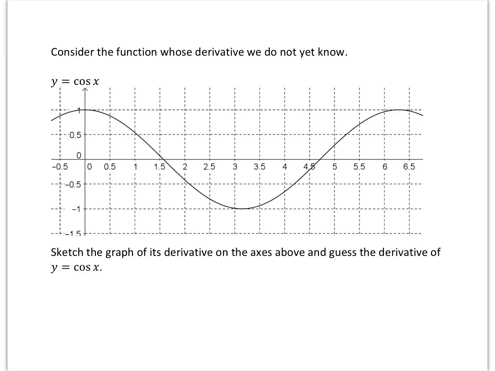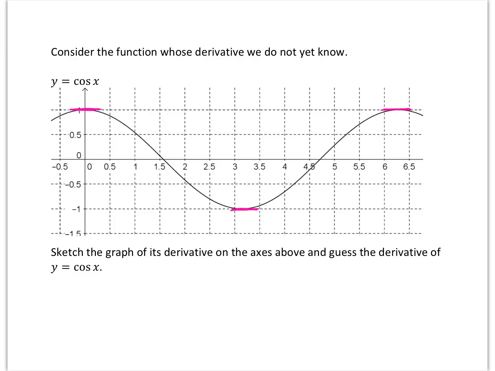So remember, we did this back in chapter 2, sketching derivatives. And the best way I think to start is to look for places where the derivative is 0. And remember, the derivative is the slope of the tangent line. So I'm going to look for horizontal tangent lines along the graph of cosine.